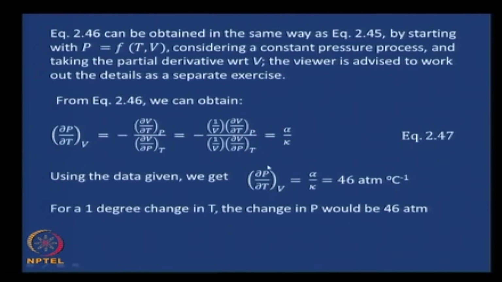Therefore, what is this (∂P/∂T) at constant V? In other words, with this we have a change in pressure for a unit change in temperature. So, if the change in temperature is 1 degree, then the change in pressure would be 46 atmospheres, and what the container can withstand is only 10 atmospheres.